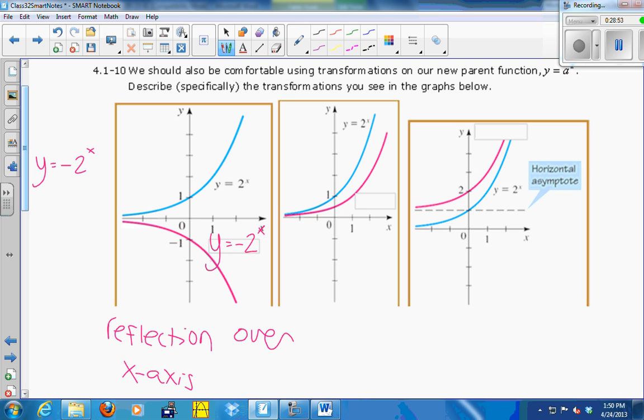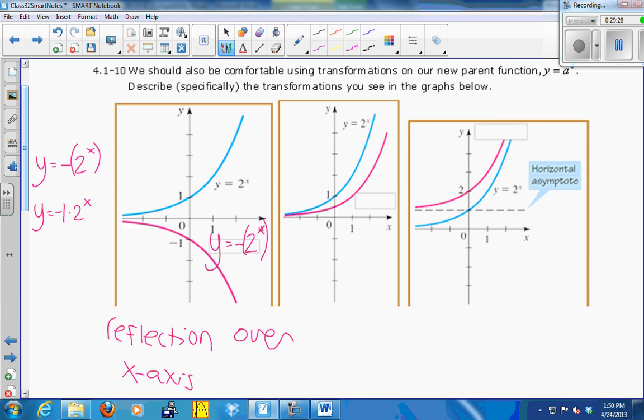Unless I have parentheses around the negative 2, that means y equals negative 1 times 2 to the x. So it's not the 2 that's negative. The negative is outside of the whole thing. So if you want to be really clear, you could go like this, if that helps you think about it. Saying that negative is outside of the 2 to the x. But you don't need it because the order of operations says I'd have to do the exponent before I deal with the negative.